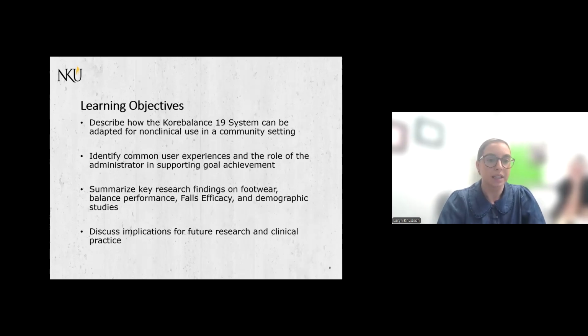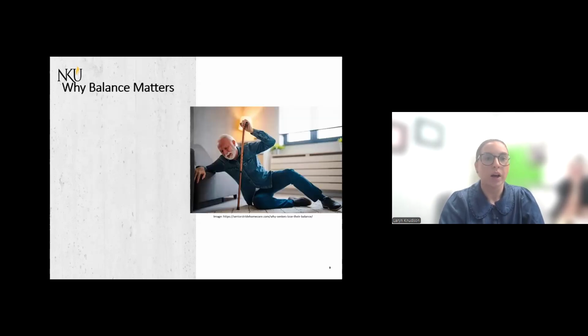All right, and then lastly, we're going to talk about implications for future research and clinical practice. Okay, so this is obviously a review for a lot of you, given your knowledge with geriatrics and balance, but just as a quick summary, falls are the leading cause of injury and death in older adults.